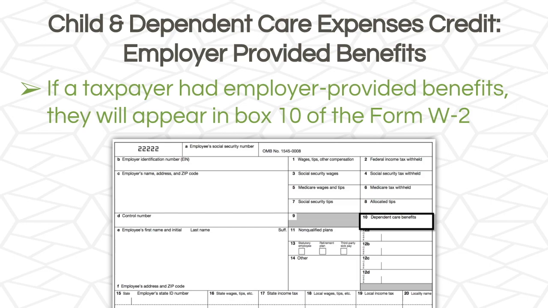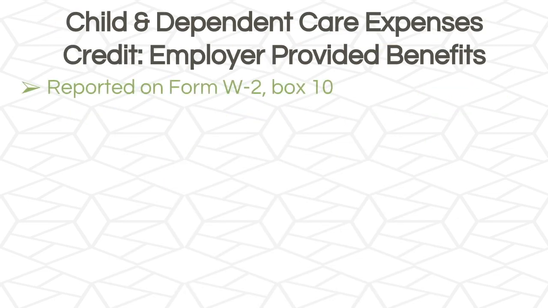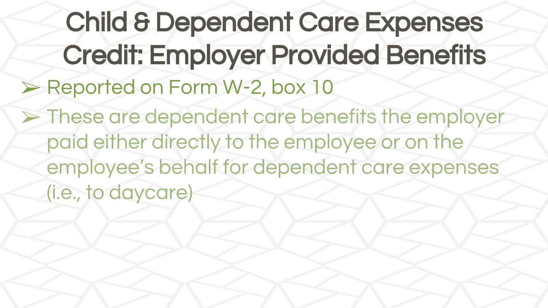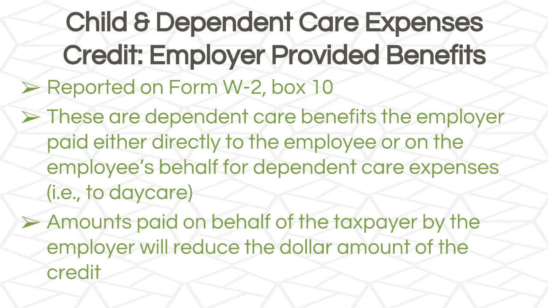The amount will actually reduce the dollar amount of the credit for the taxpayer. So again, it's reported in box 10, and these are something that the employer pays for on behalf of the employee, again reducing the dollar amount of the credit for the taxpayer.